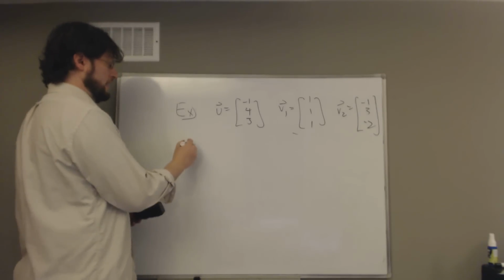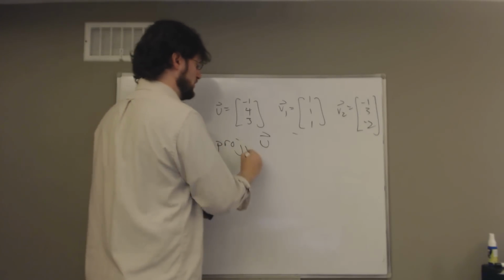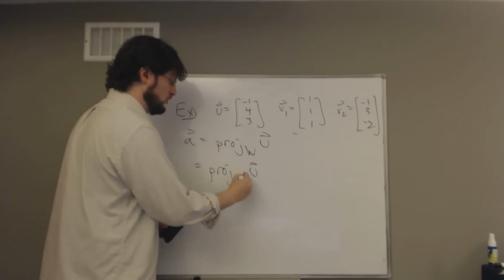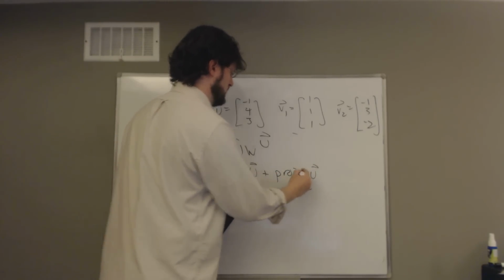So a will be the projection of u onto W, which will be the projection of u onto v1 plus the projection of u onto v2.